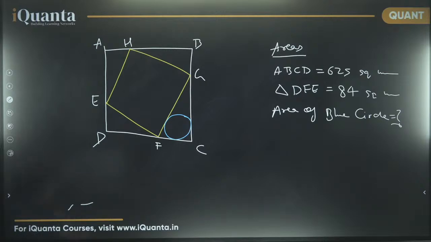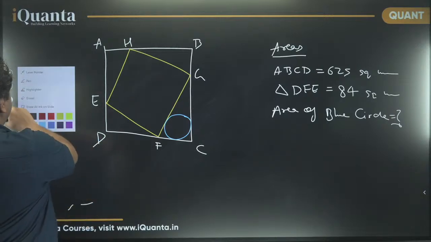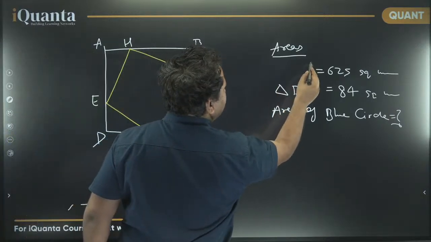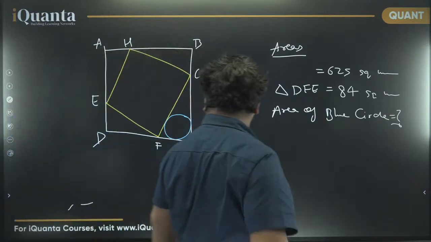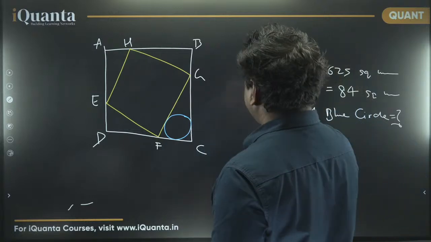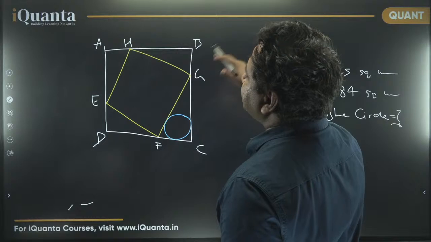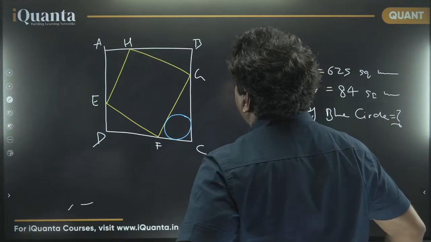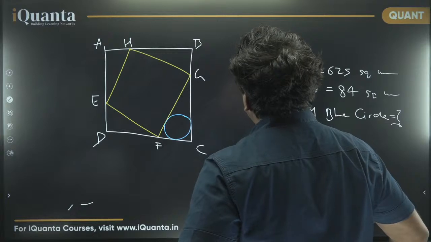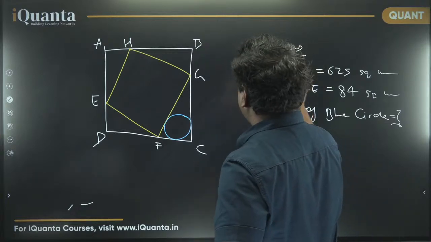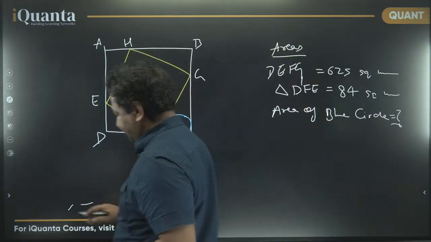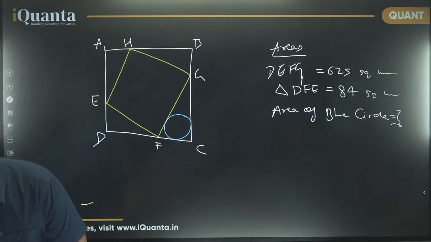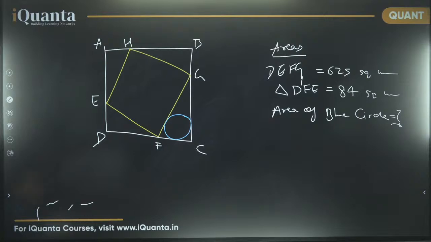I made a mistake here: this is not ABCD, this is basically DEFG, this square. I just made this question, so let's see who will solve it.